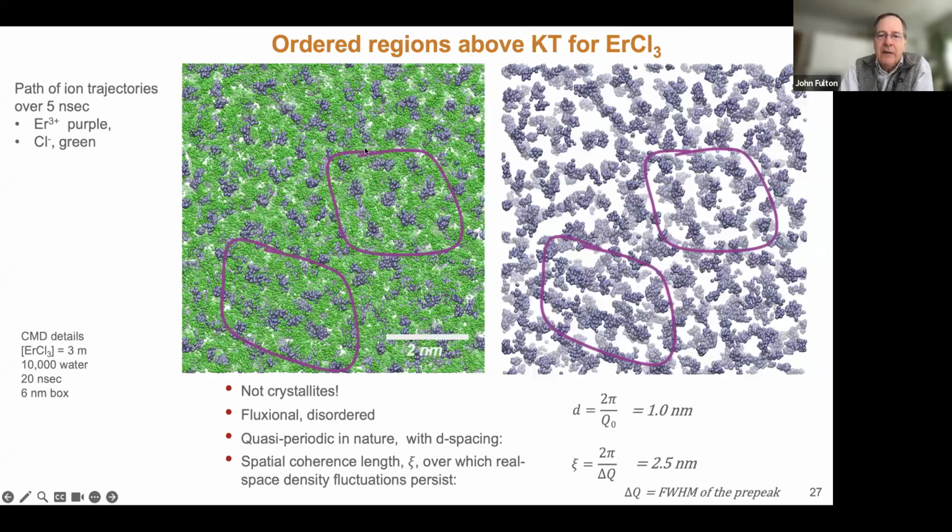And in this circle I've drawn here, you can see roughly a 3 by 3 box here. And if you take away the green spheres, which are the chlorides, you can look down into the solutions and see that below the top surface, we have other erbiums that are ordered directly below.